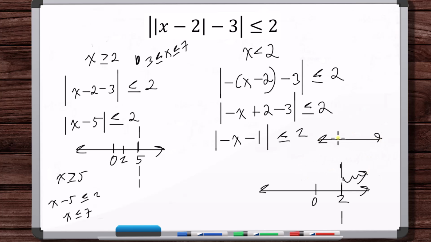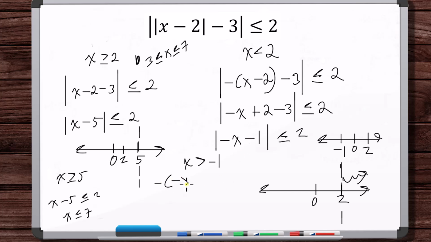This crosses over at -1. Okay, so we're going to have to consider 2 cases again, because we've got 2 here. Any x is less than 2. So let's start with, if x was 0, we're going to be negative. So let's start with x is greater than -1. That means that minus x minus 1 is going to be negative.